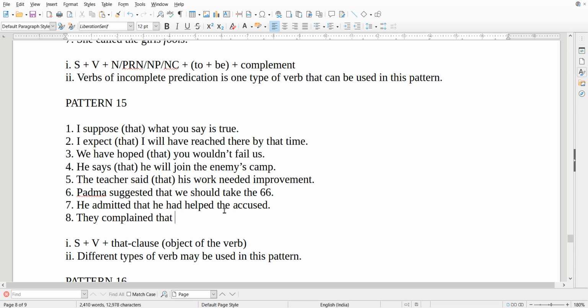That is the proper form. So that's pattern number 15.